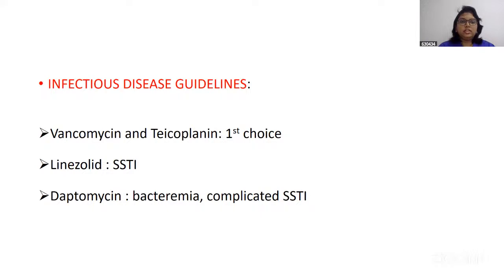Then linezolid in cases of soft tissue and surgical site infections, and daptomycin. This is the most important point: in bacteremia, if you isolated MRSA in a blood culture, then daptomycin would be the drug of choice, and also in complicated surgical site infections, skin and soft tissue infections. It is the drug of choice.